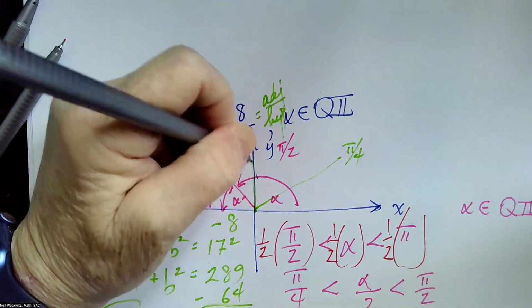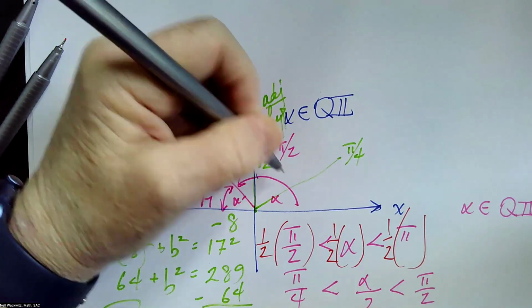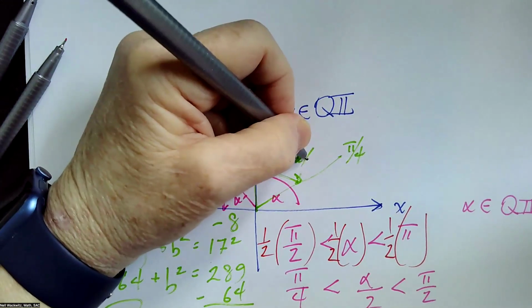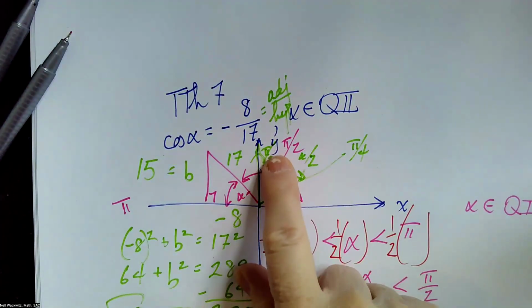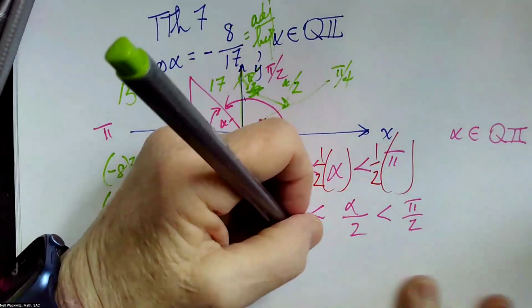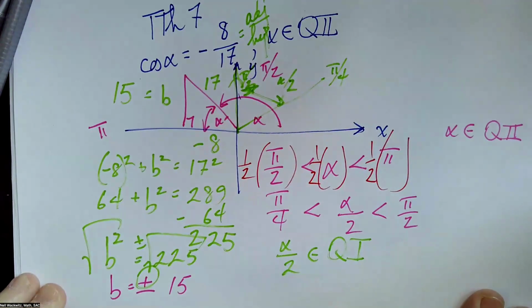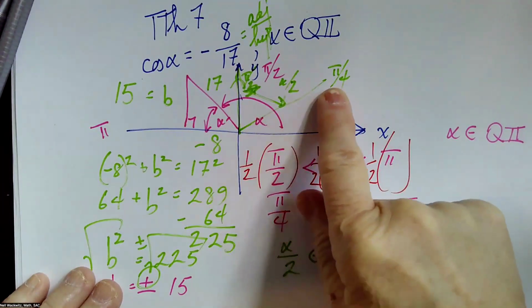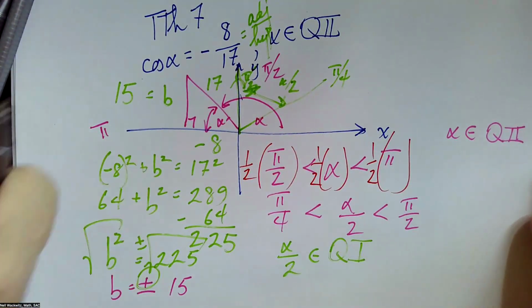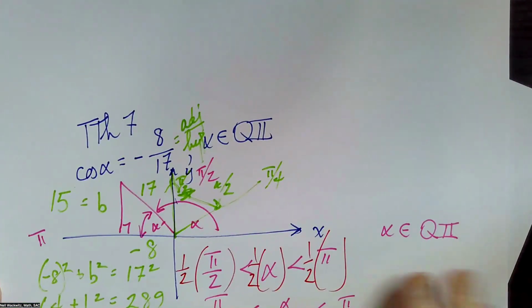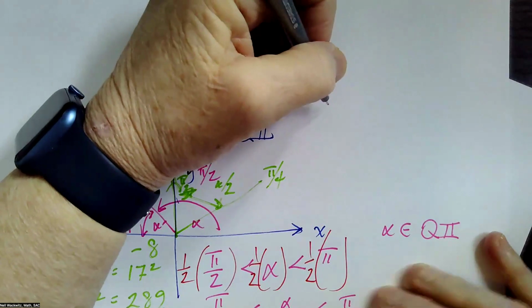Pi over 2 is all the way up. So alpha over 2 is between pi over 4 and pi over 2, which means alpha over 2 lives in quadrant 1. And all of the signs, positive or negative, are going to be based on quadrant 1, so they're all going to be positive. And that's kind of nice. So we've got all the information we need to find the half angles.